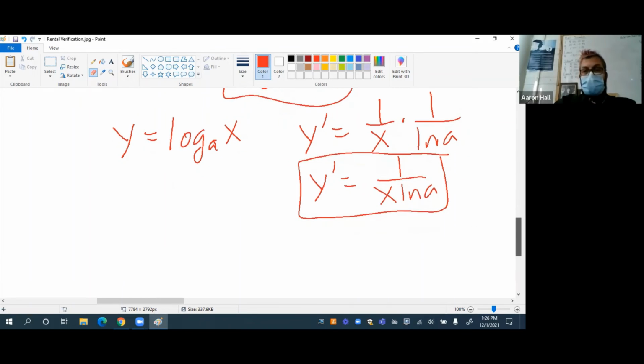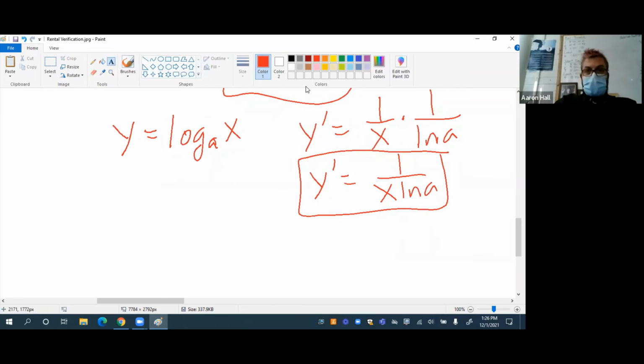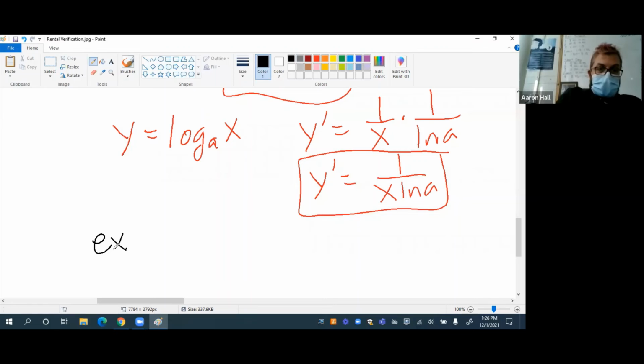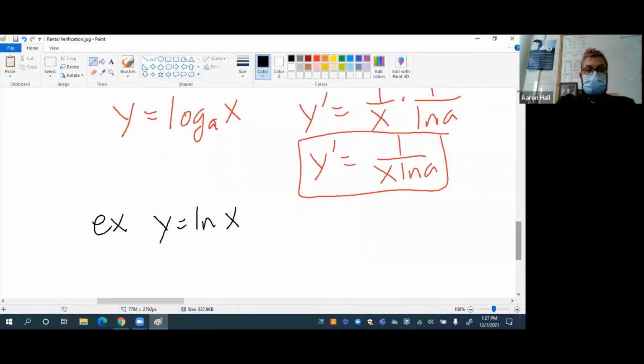Using this rule, what is the derivative of ln of x? Help me out. 1 over x times ln of a, what's a?